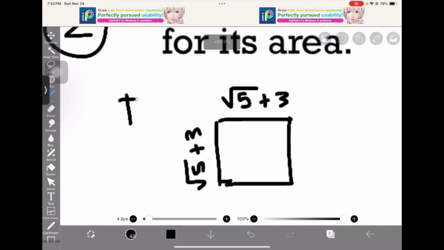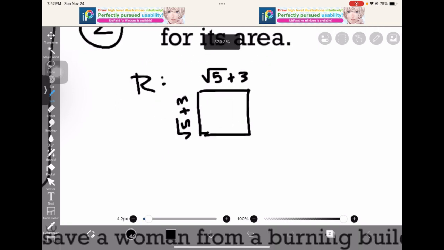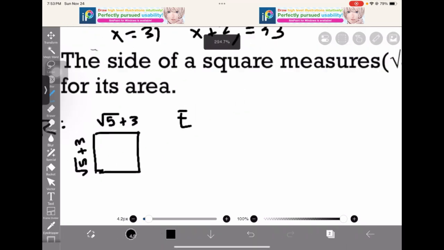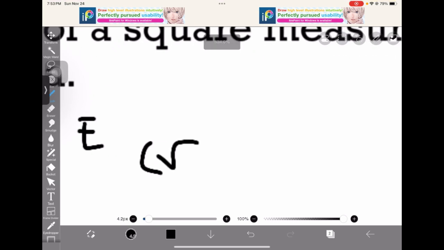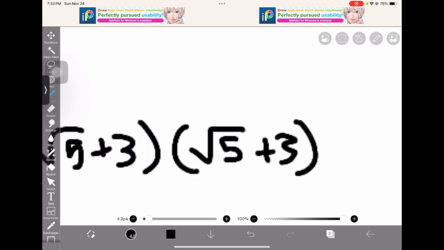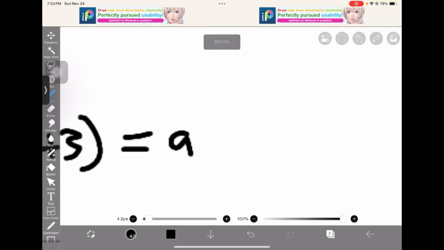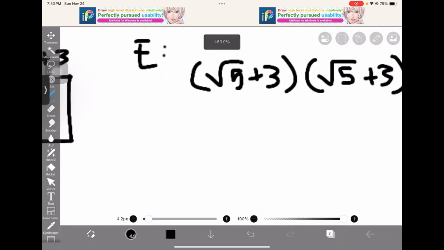So this is our representation. Next is the equation. So we just do square root of 5 plus 3 times square root of 5 plus 3 equals area. Then solution.